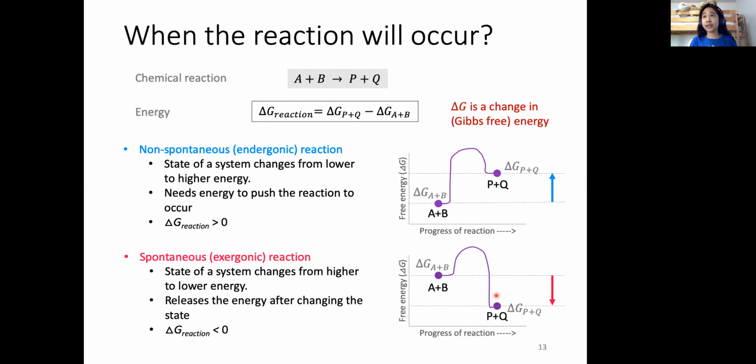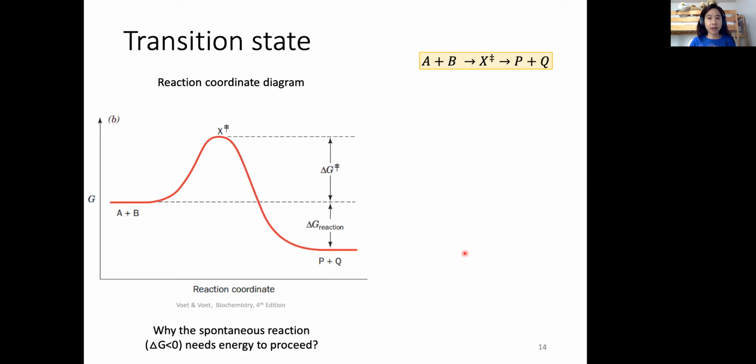You can see that the energy level of something in the middle is even higher than everything else in the process. What happens there? It's called the transition state. And what is the transition state? It's the state that is not stable.